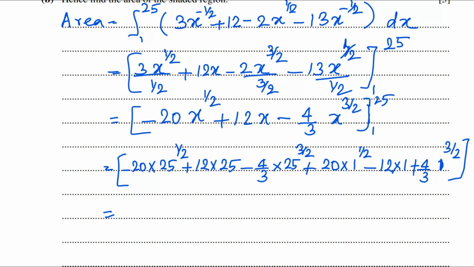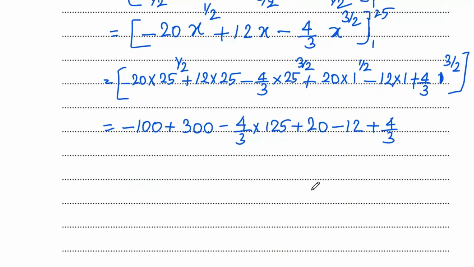So minus 20 times 25 power 1 over 2, that is 20 multiplied by 5, will be negative 100, plus 300, minus 4 over 3 times 25 power 3 over 2 will be 125, plus 20 minus 12 plus 4 over 3.